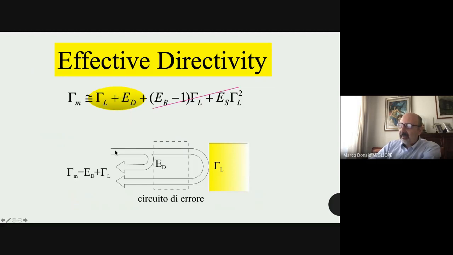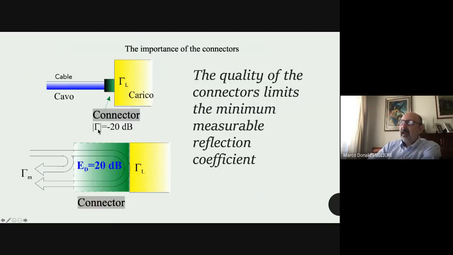So what I have is the interference between two signals. One is E_D and the other is gamma L. And for example, let us consider a measurement of a load. I can use a cable, and the cable is connected to the load using a connector.